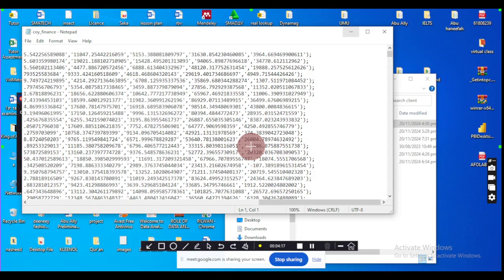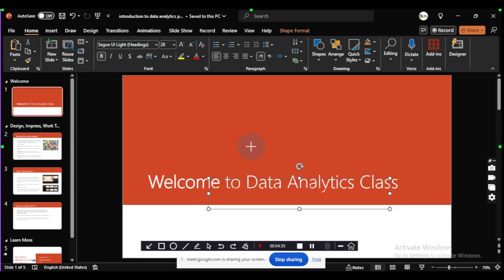So how do we get data? Data is a raw fact. It can be in the form of images, text, or sound. All of those can be joined together to form what is known as data.